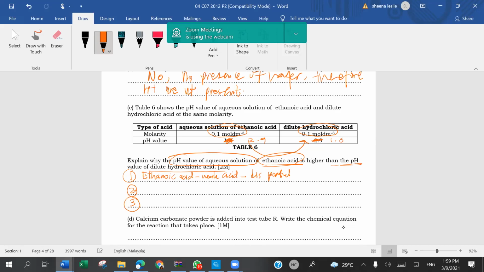Dissociate partially in water to produce what? A high concentration or low concentration? Low. Okay, good. To produce, teacher doesn't have enough space here, a low concentration of hydrogen ions. Naim and Munira, do you get this first line here? Yes, sir. Okay, point number 2.